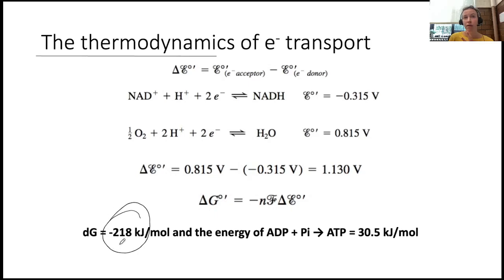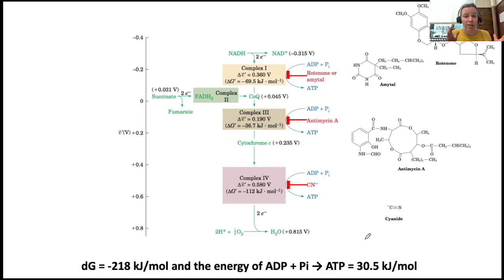But if all of this energy were released at a single point, folks, it would be a challenge then to synthesize ATP. Each ATP only requires about 30 kilojoules per mole. But if we're releasing all of this energy at once, most of it would be wasted because we'd only synthesize a single ATP. So what the electron transport chain does is it breaks down the transfer of electrons into these various complexes so that the amounts of energy released can be broken up and more ATP can be synthesized, right?